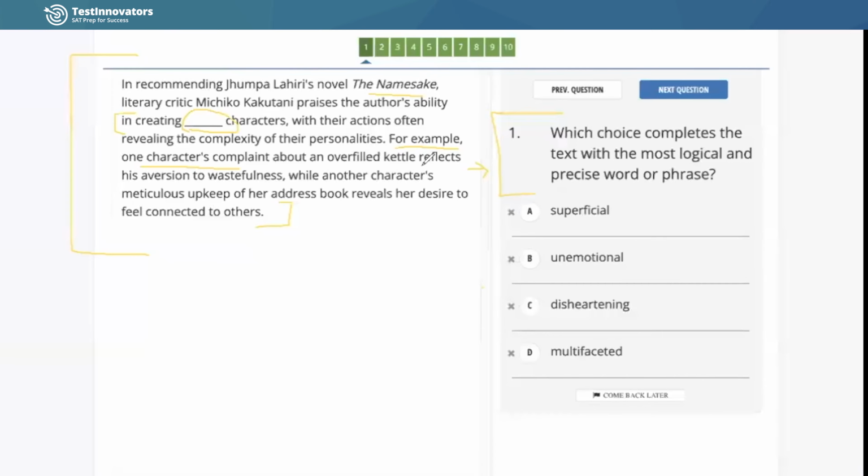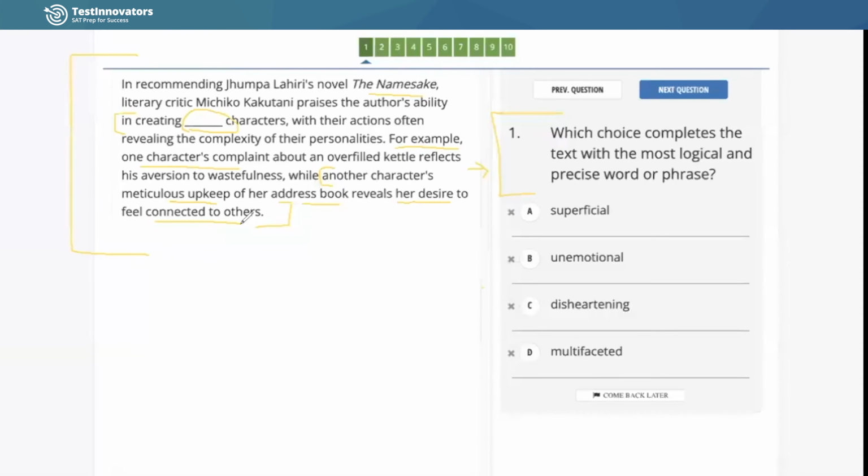But clearly this means something to this character, which shows us there's more going on than what we see at the surface level. Now we're actually given another example here to illustrate what kinds of characters are in the novel The Namesake. Here, it describes a character's meticulous upkeep of her address book, which reveals her desire to feel connected to others. Here, we see that another character carefully maintains the contacts in her address book.